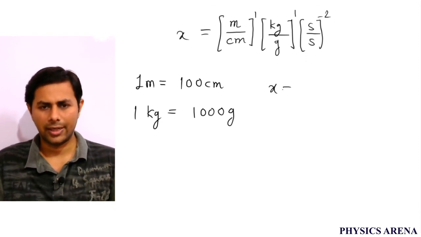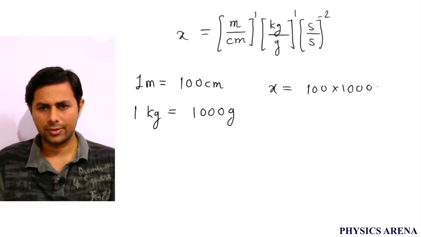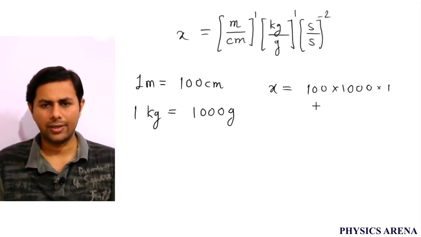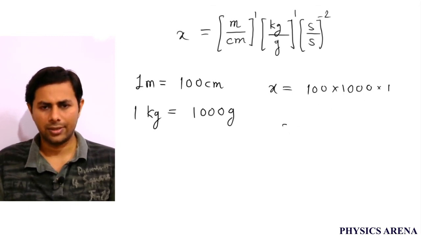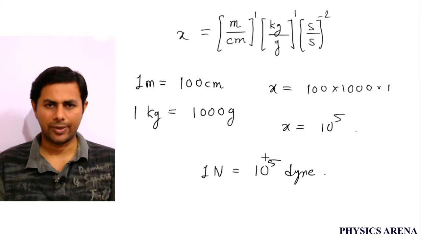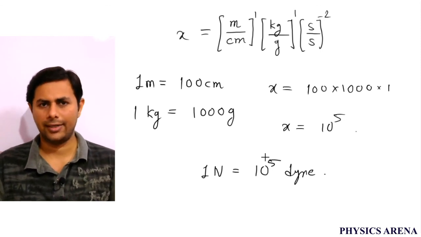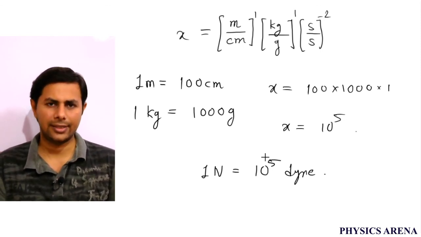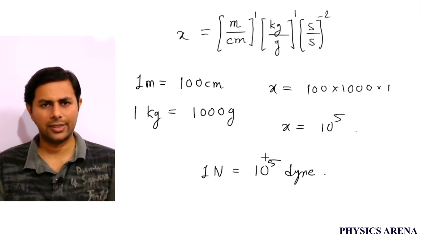So we have x equals 100 times 1000 multiplied by 1 from here. So it is 10 raised to 2 multiplied by 10 raised to 3. So x is 10 raised to 5. Okay. So 1 Newton equals 10 raised to 5 dyne. So this is the conversion factor between Newton and dyne, the unit of force in SI system to the unit of force in CGS system.